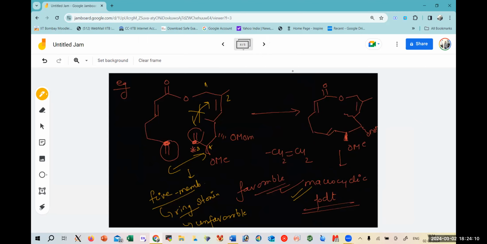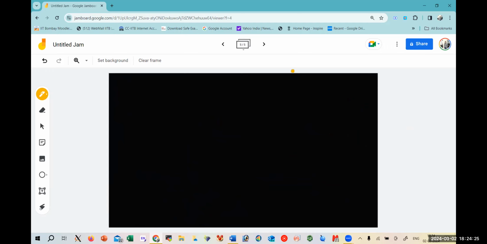And if there is a comparison between a strained ring formation and a macrocyclic or a stable ring formation, always prefer to form the macrocyclic, because that would be a thermodynamically favorable step compared to the other one. Now we are going to talk about our second topic, which is asymmetric ring closing metathesis.